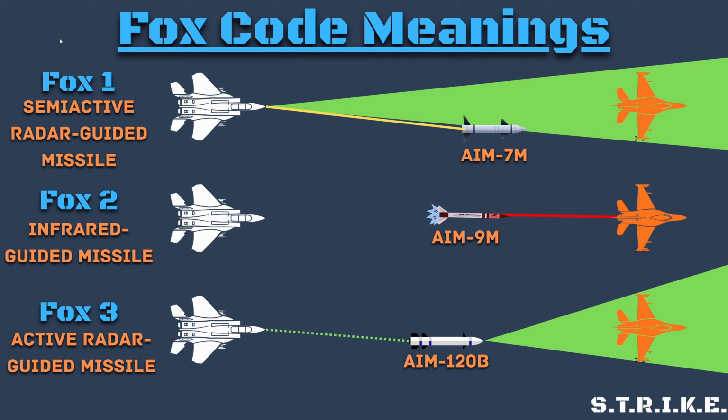So FOX1 is semi-active radar guided missiles. These require that the aircraft keep a lock with the enemy aircraft the whole time it's in flight. If the radar lock is broken, the missile will lose connection, won't know where the enemy is, and might just sputter out.